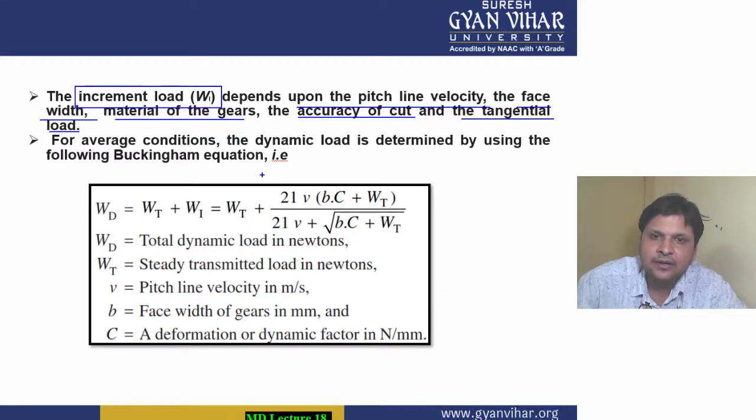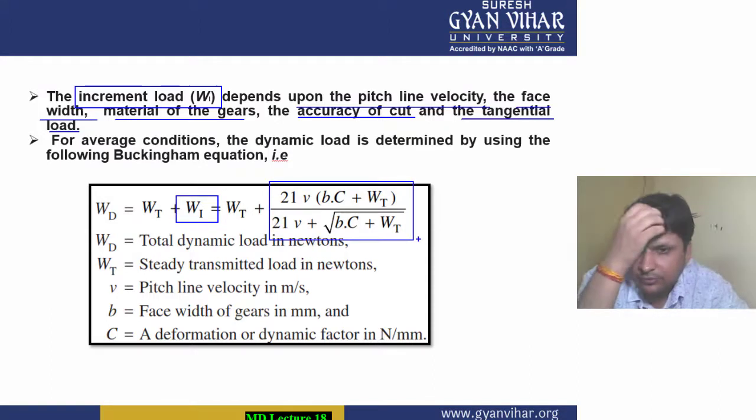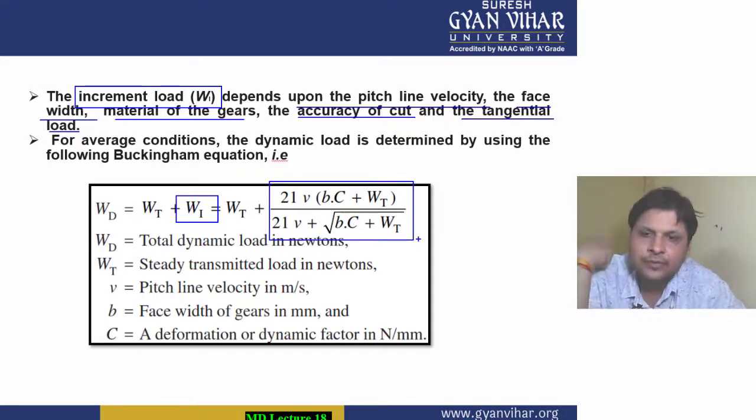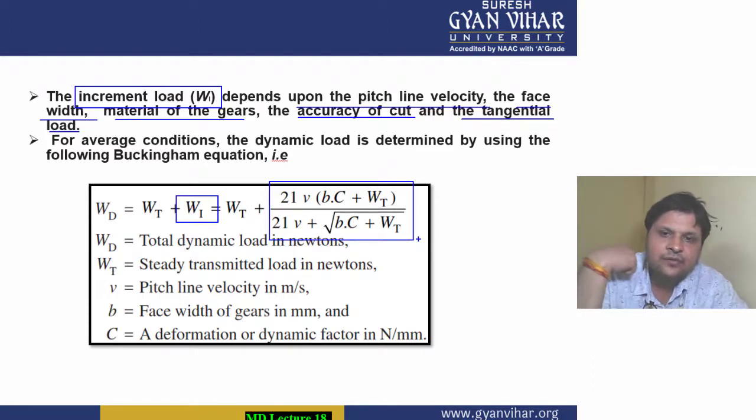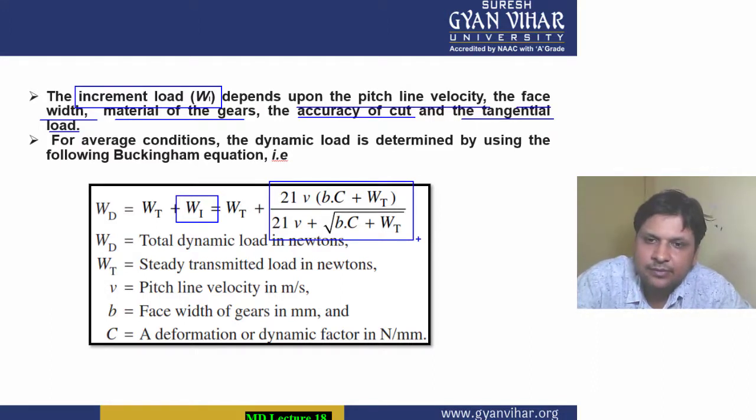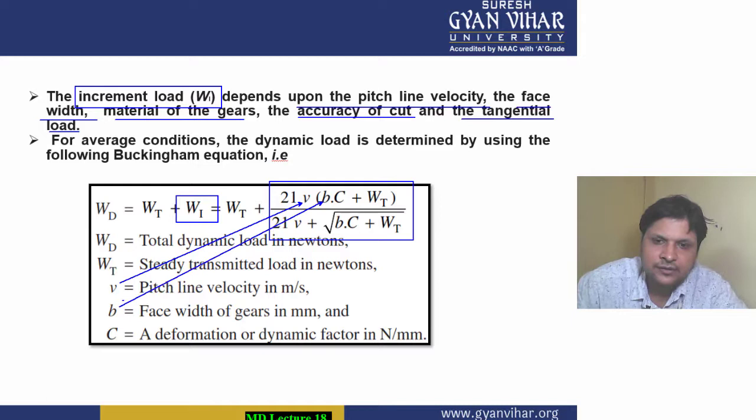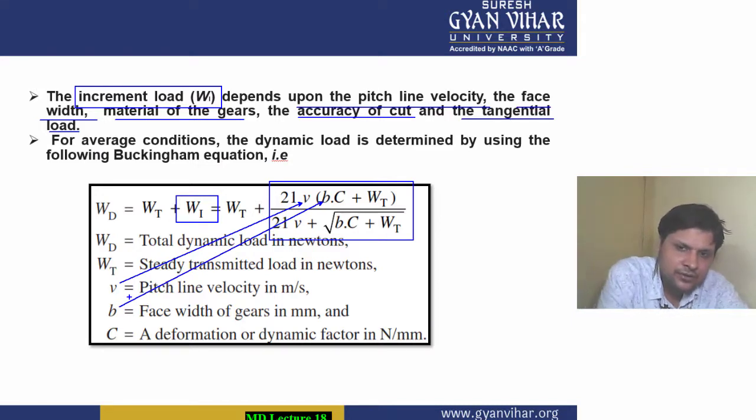Using these factors, the formula for calculating the increment load is WI = 21v(bC + Wt) / (21v + root of (bC + Wt)). In this formula, small v is the pitch line velocity, and b is the face width, meaning the width of the face of the tooth.